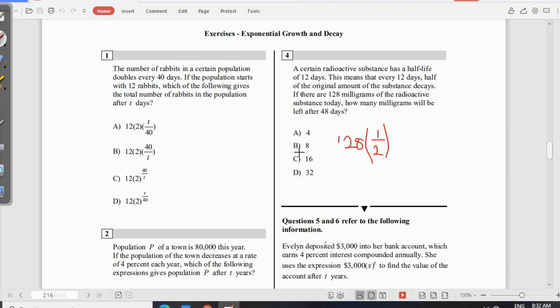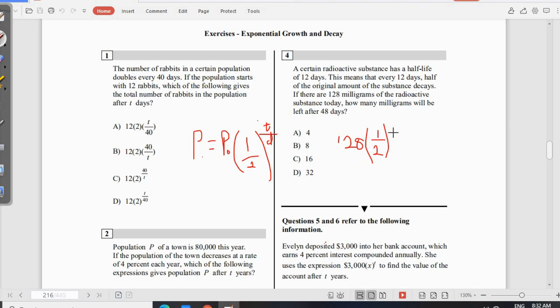Remember, the amount that is going to be left will be P original times 1/2 raised to the power of the days over the time period. Like if you're having t days, it will be divided by the number of time periods. Let's say the time period is d. Okay, alright, so let's do that.